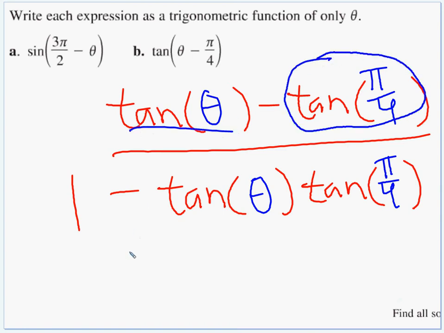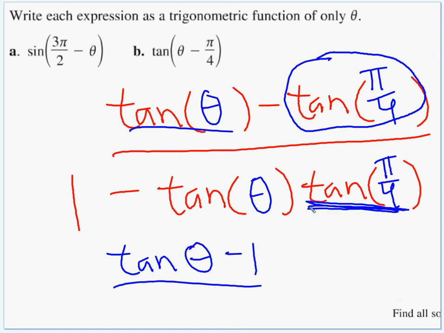So the numerator becomes tan theta minus 1. This tan at a quarter pi will also turn into a 1, so that's times 1 times this. This will be 1 minus tan theta.